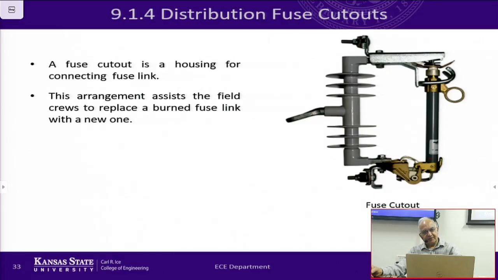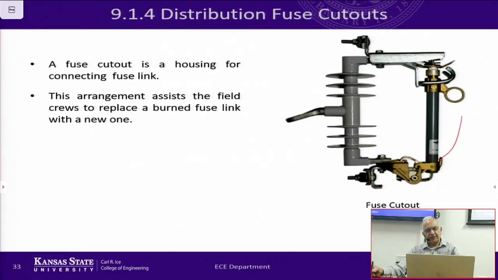And when the fuse blows due to a fault, the high current flows through it. So this is an insulator here. The circuit is connected through the fuse, and when the fuse blows, it will automatically drop down.